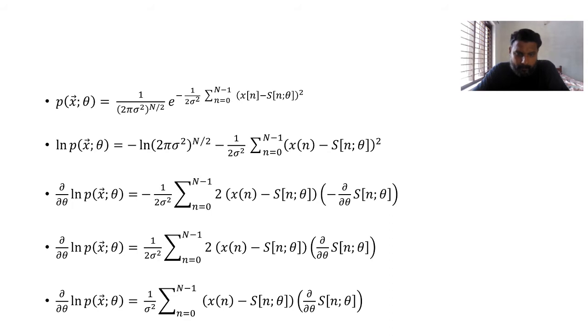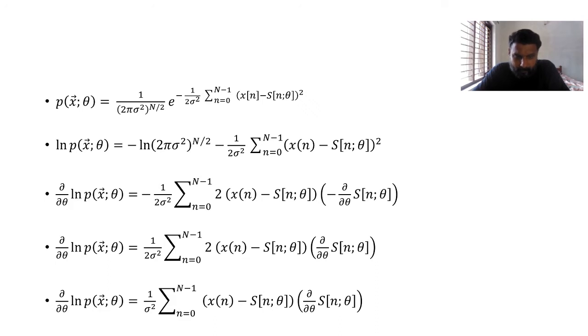Now you see, if you are taking the second derivative of this last equation, that is 1 by sigma square sigma n equal to 0 to n minus 1 x of n minus s of n of theta dou by dou theta of s of n of theta, the two terms, x of n minus s of n of theta and dou by dou theta of s of n of theta, both contain the theta term. So if you are taking the derivative of this one, this is in the form of multiplication.